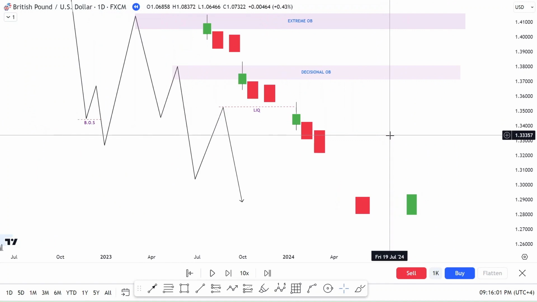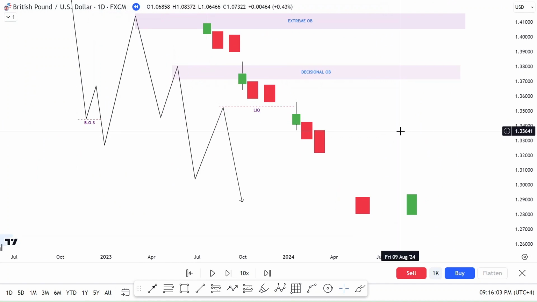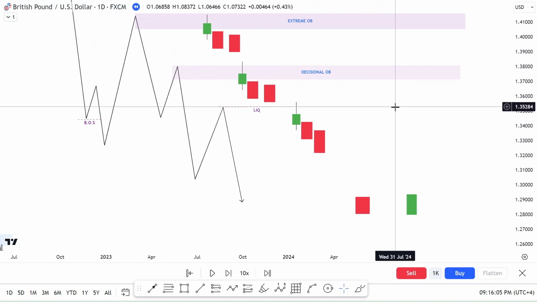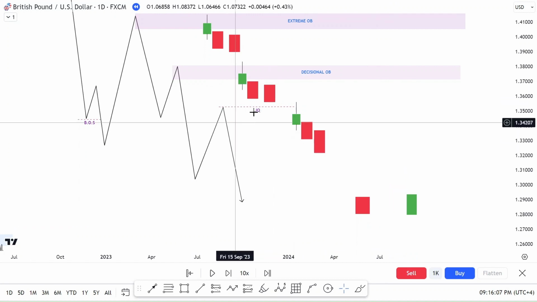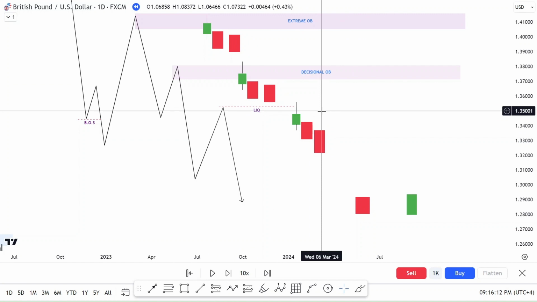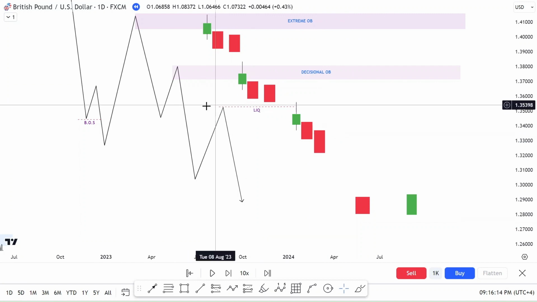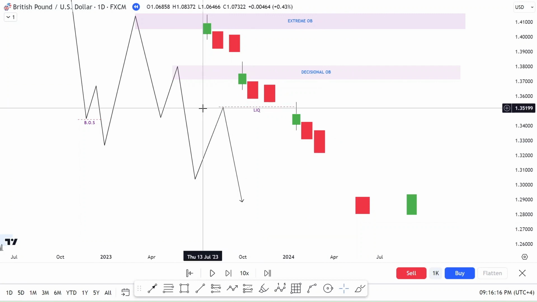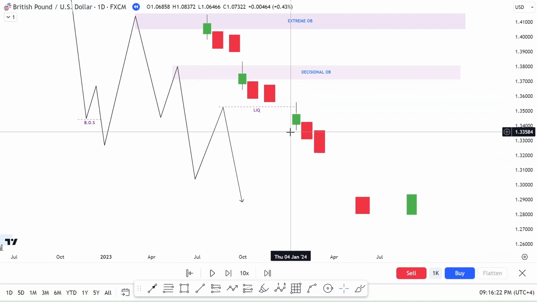When the second candle closed under the first candle, which already swept the liquidity, the candle must not close above the liquidity level. It should only close under, and it should be followed with a candle which closes under the previous candle. So this is the criteria of the single candle order block.